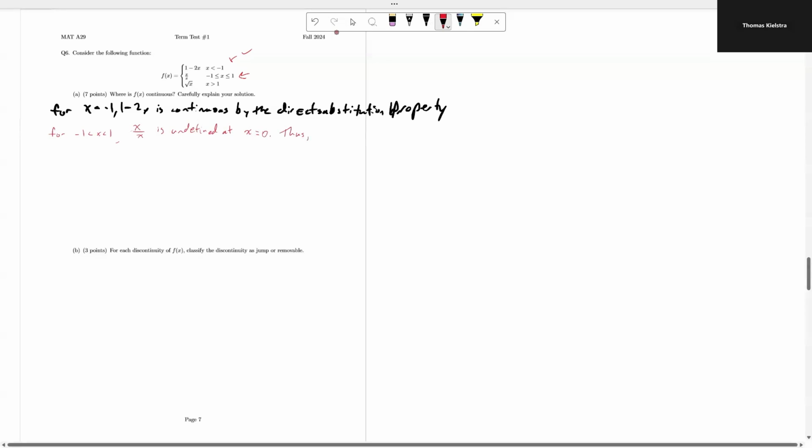Thus, f of x is not continuous at x equals 0.